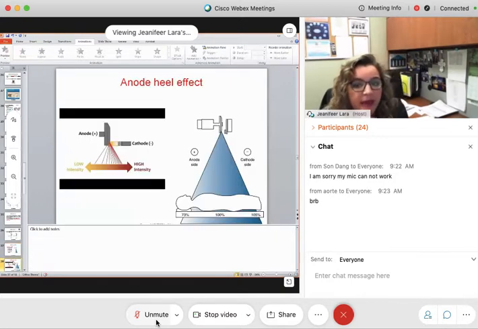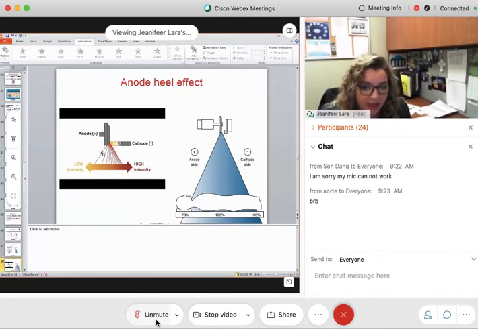So when we look at that, this picture is true. There is low intensity on the anode side of the beam. This is the effective focal spot. It just looks more diverged, but this is still going to exit out of the window.